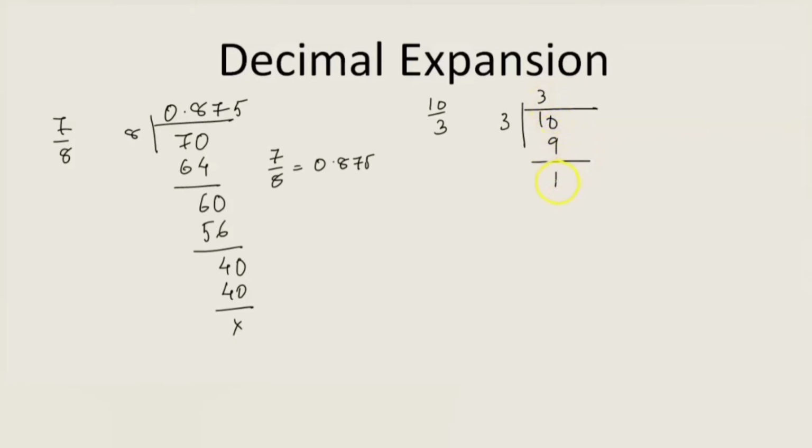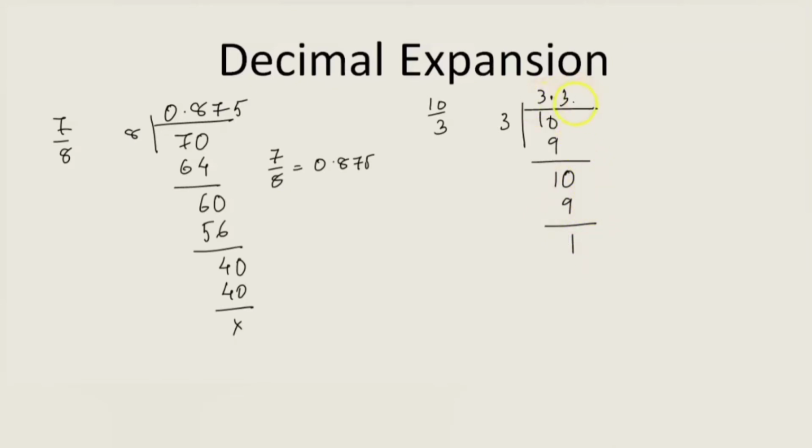As you know, 1 cannot be divided completely by 3 as 1 is smaller than 3. So I add a decimal, and for that decimal you can add a 0. Again 3 times 3 will give you 9, and again you are getting remainder 1.